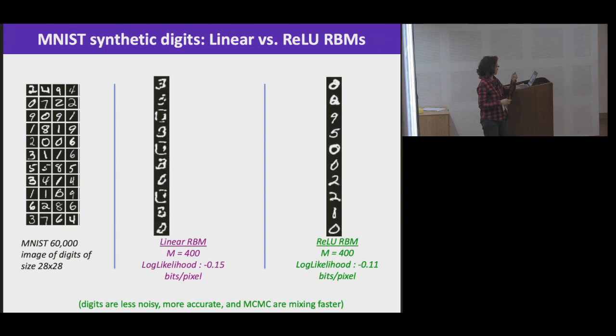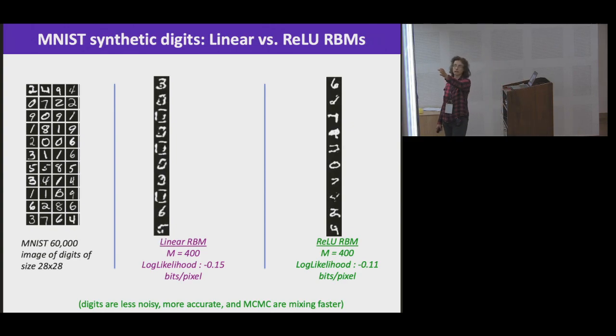For example, you go from a 3 to an 8 just by turning off 2 edges, and so on. So it's very important for the learning and for the representation to have this kind of compositional phase.